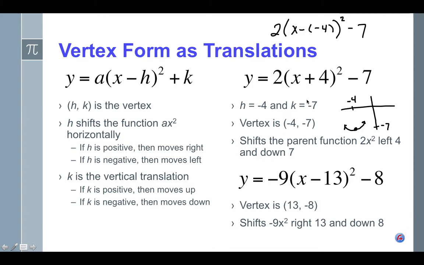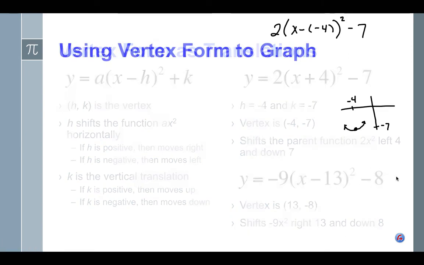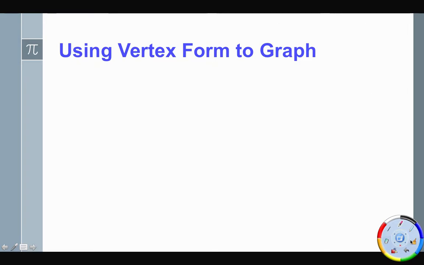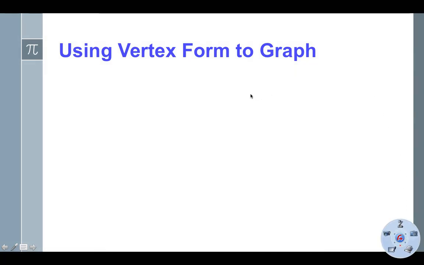All right, so we're going to be using this knowledge when it comes to graphing. So we're going to look at how to graph a quadratic function using vertex form. A little how-to: we're going to find and plot the vertex.